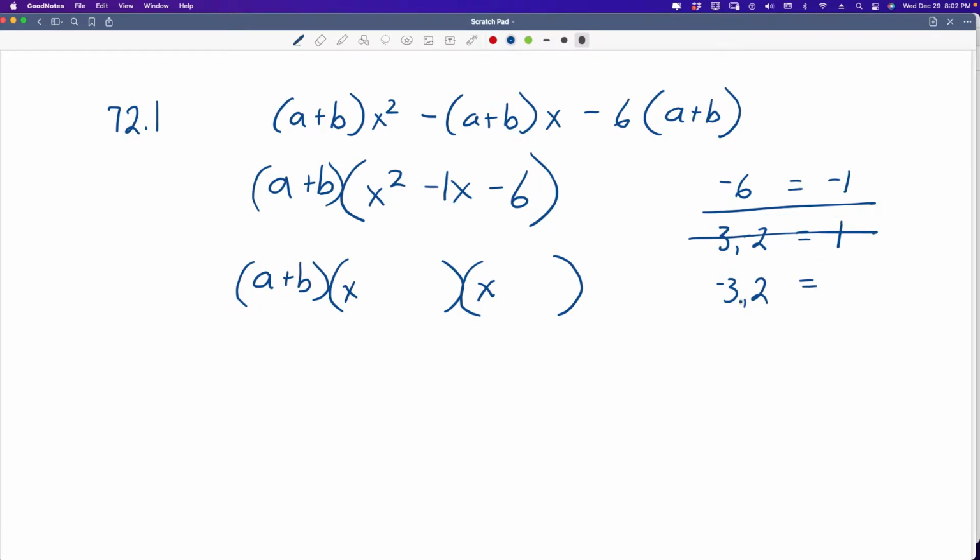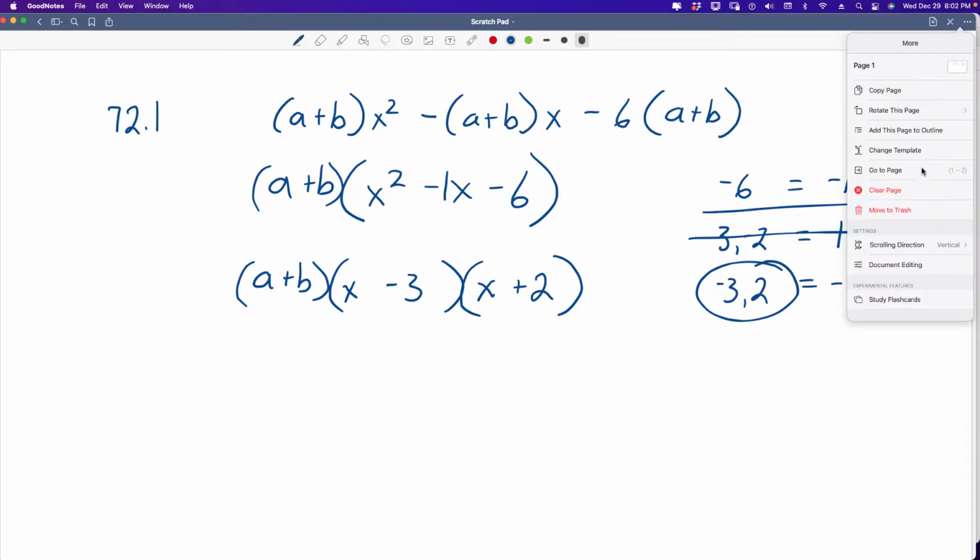If we combine these two, we get a negative 1, and that's what we're looking for. So these are the factors we want: negative 3 and a positive 2. And that's how we would completely factor this. We take what's already factored for us and put it on the outside and let all of these individual terms fall into place.